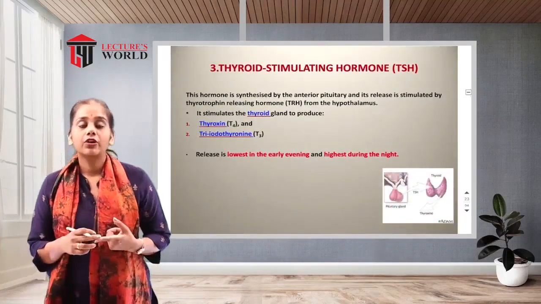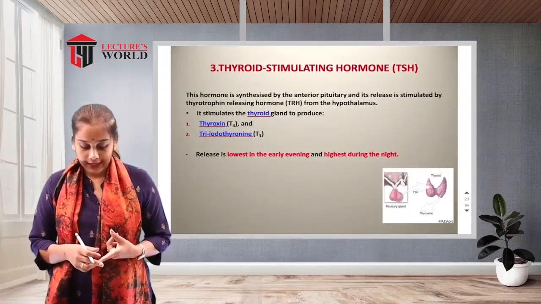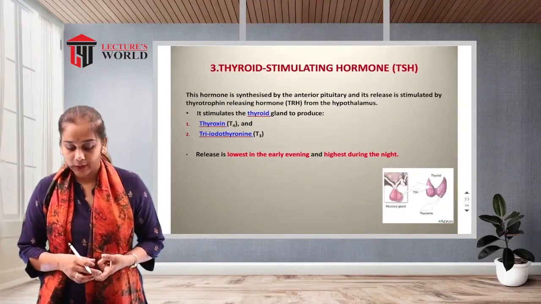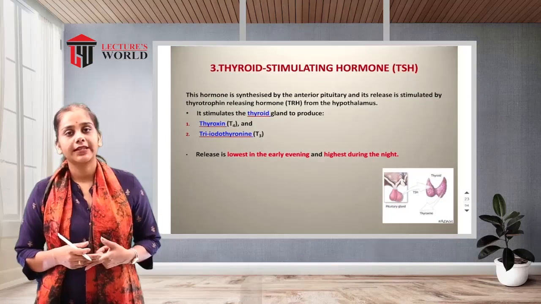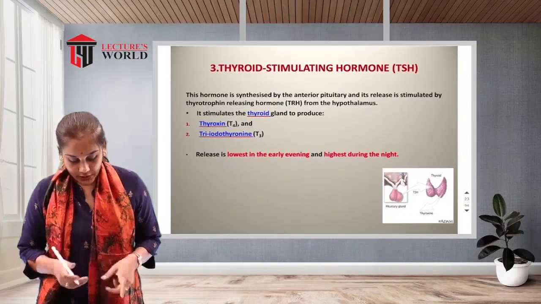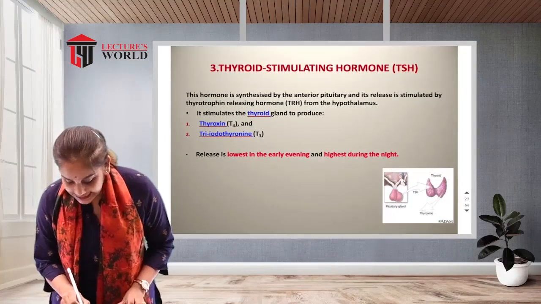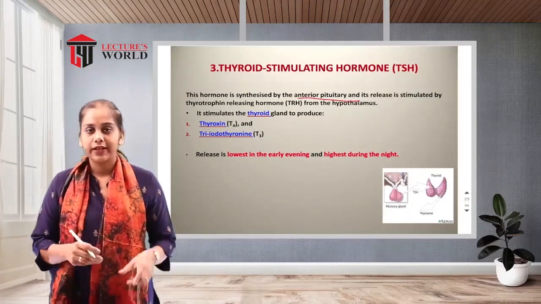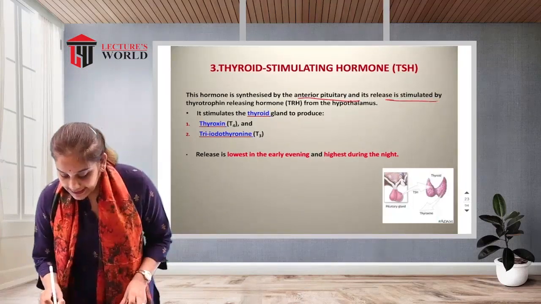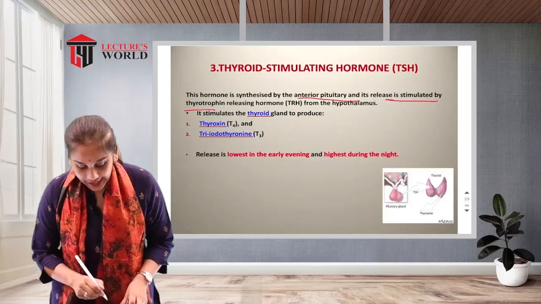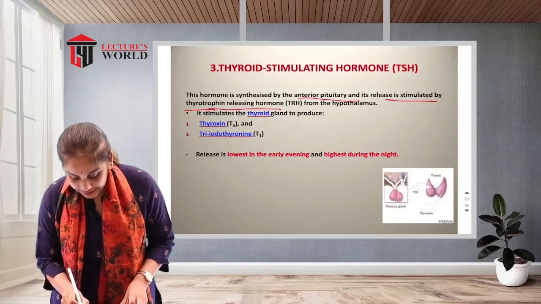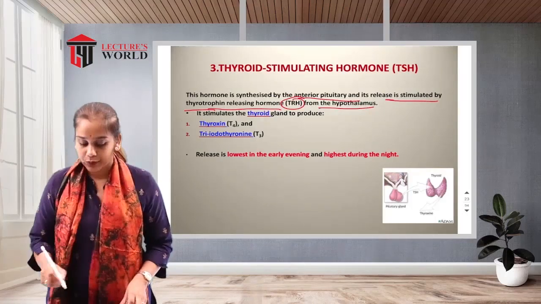Now the third hormone of the anterior pituitary gland is known as thyroid stimulating hormone, or TSH. This hormone is synthesized by the anterior pituitary gland, and its release is stimulated by the thyrotropin releasing hormone, that is TRH, from the hypothalamus.